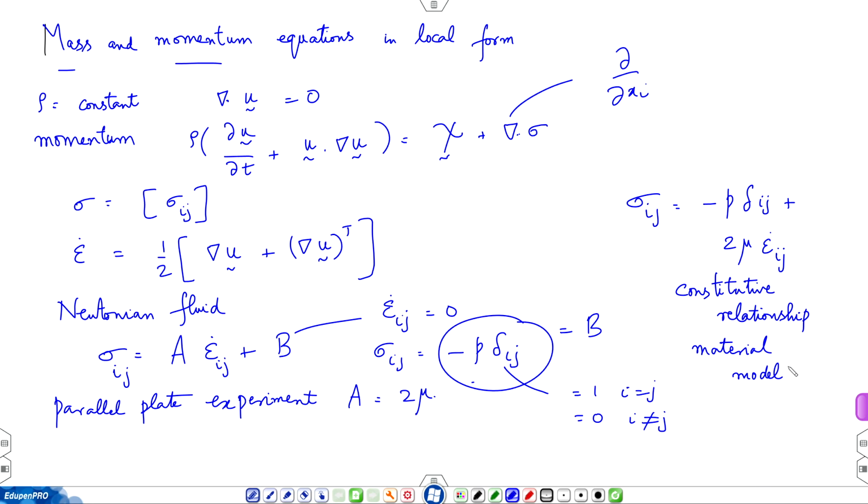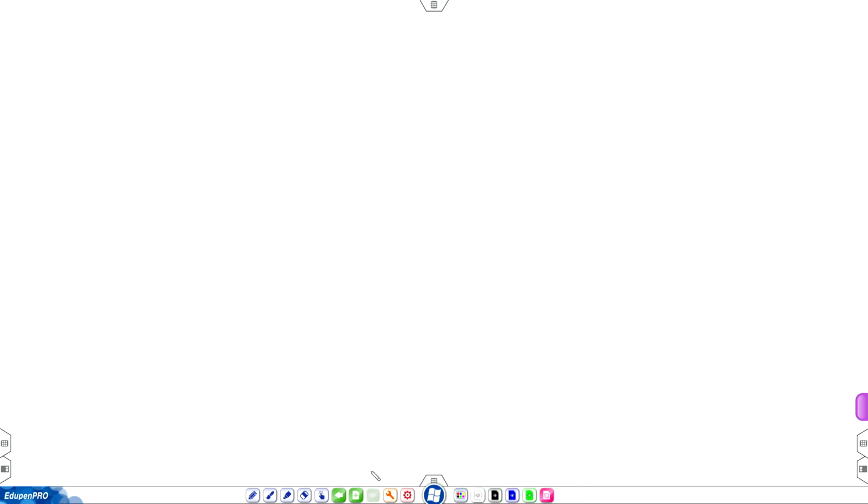So, when you now substitute, now let us del dot sigma. See, I am not able to draw this dot. If I put a dot at the center, it appears somewhere else. I do not have control on that dot.